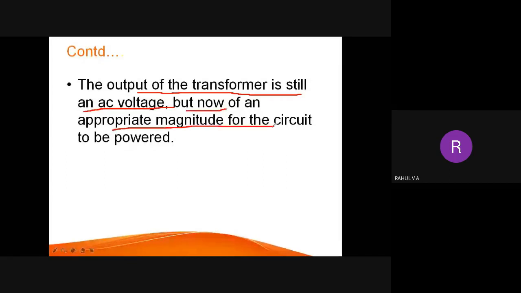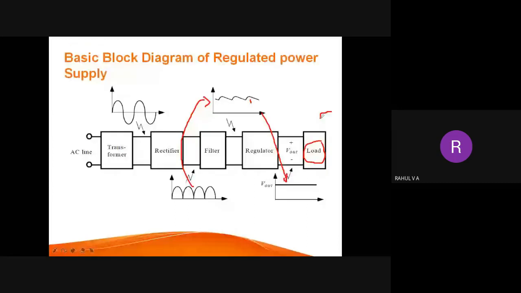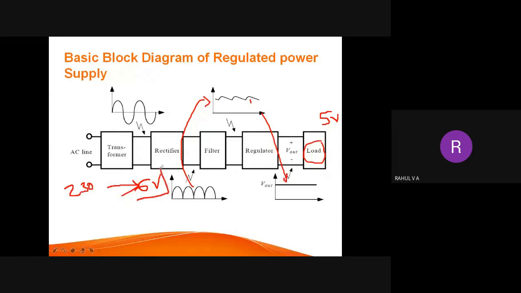So it is still AC voltage, but it is somewhat appropriate level. As I said, if I want 5 volt here, I will be stepping it to some 6 volt. So by using transformer, I will be stepping down from 230 volt to 6 volt. That means it is still AC, but it is somewhat closer to the output DC magnitude which we require.